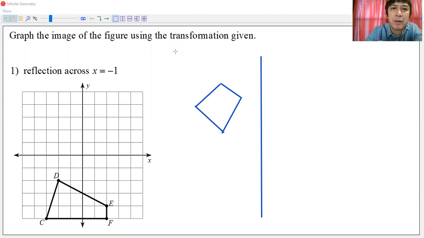So you can expect a figure somewhere on the other side of the line. All right, so this will look something like this. Like that, okay? So this is one example of the pre-image, that's the blue drawing, and then the red is the image. All right, let's have another example.